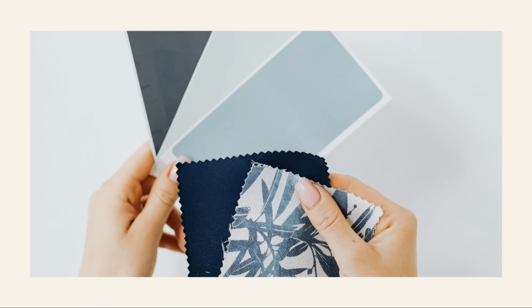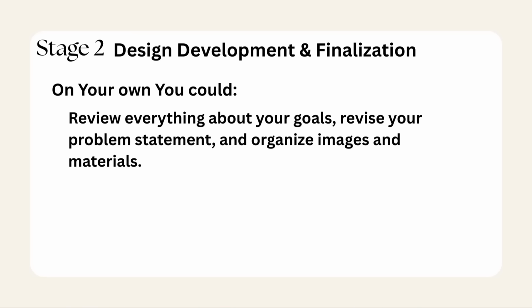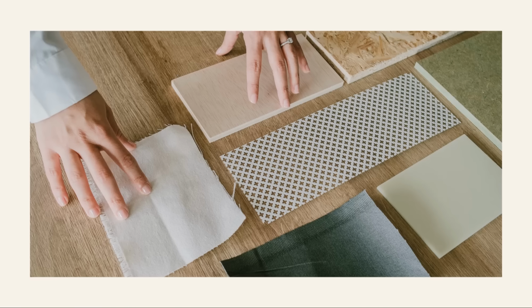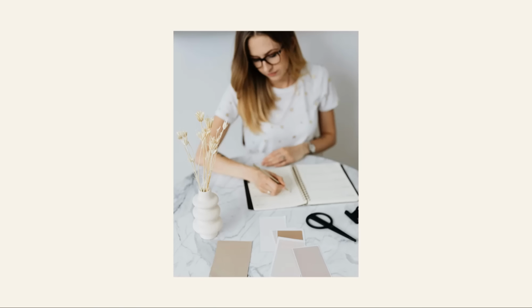And this is where you can do this too, where you can take a look at all the information that you collected and think about everything that you want and envision for this space, and to kind of think about revising your problem statement so that you have a better idea of what the design problem is. And this is where you may want to also summarize it visually by collecting materials and colors and things like that. That will provide a visual way for you to look at your design project.